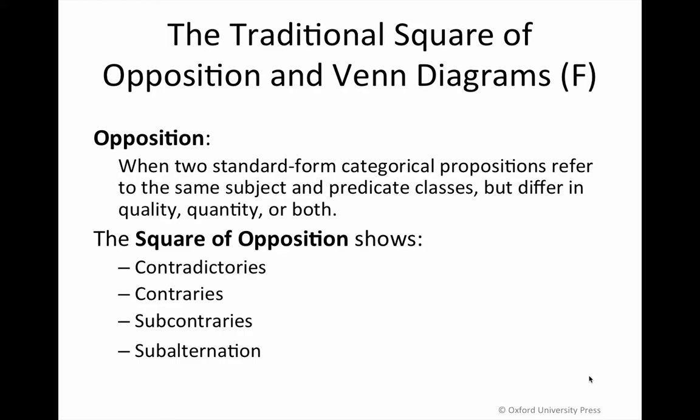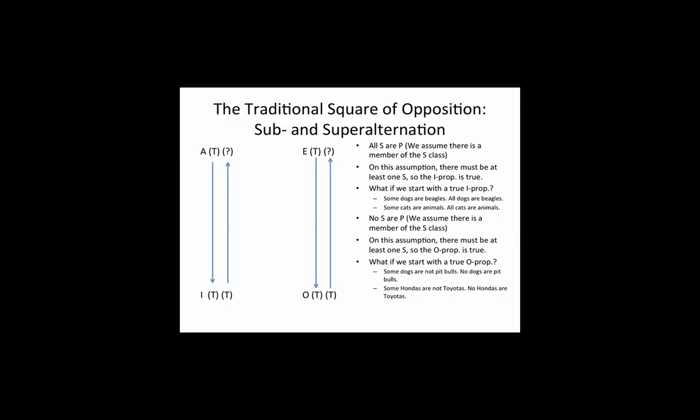Okay, so what we're going to do is build first our traditional interpretation of the inferences we make around the square of opposition. And when I say build, what I mean is this. You can see already that we have in the four corners of the left side of your screen the A, E, I, and O propositions.